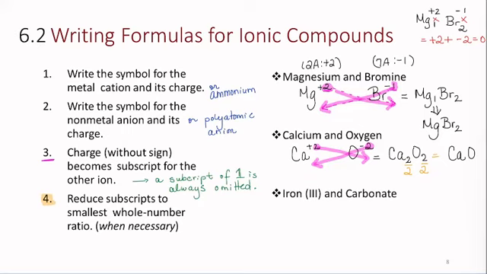The reason why you can write just the symbols of the elements is because the charges cancel each other. Essentially the subscripts become 1 and the 1 is always omitted, that's why we can write just the final answer CaO.